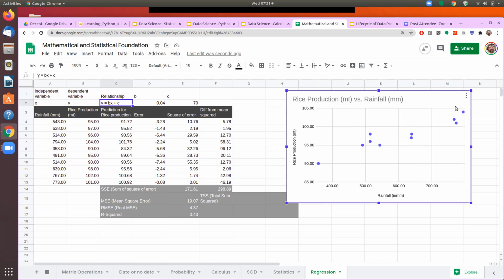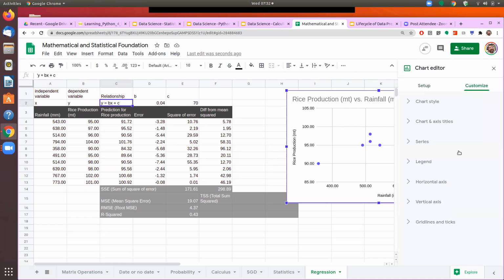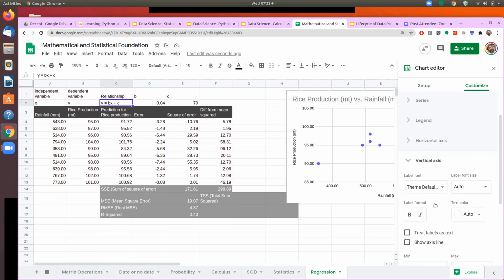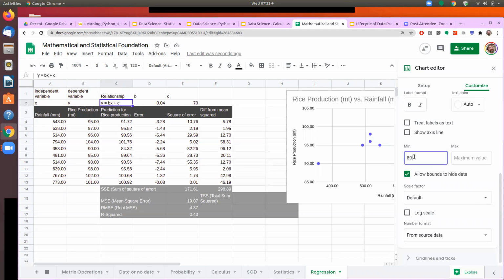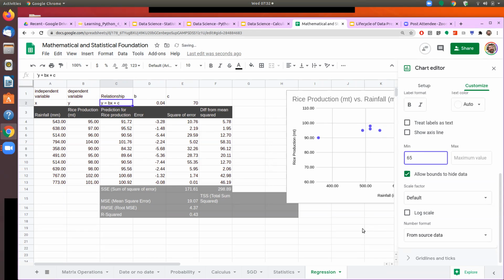So I'll go to edit chart. Since we are saying that the minimum value will anyway be 70, I am putting it as 65. Take the minimum value as 65.